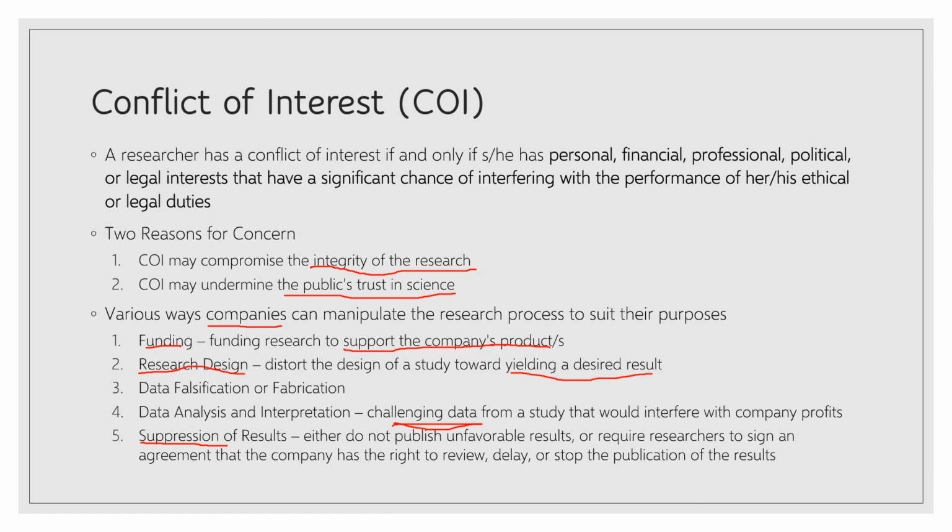And then they'll fund these researchers to do research that will necessarily bring about data to support the company profits. And they will have the researchers sign a contract suggesting that the company has the right to review, delay, or even stop the publication of results, specifically so that if the results start to show anything antagonistic towards the company, they can just say, okay, we're throwing this out, we're not going to publish this.